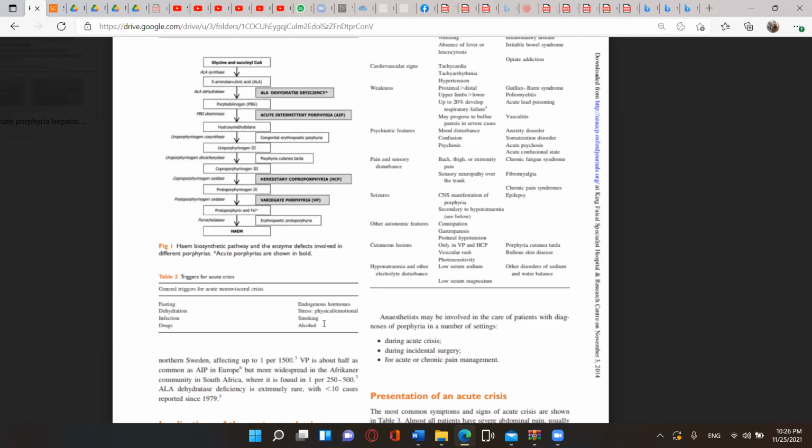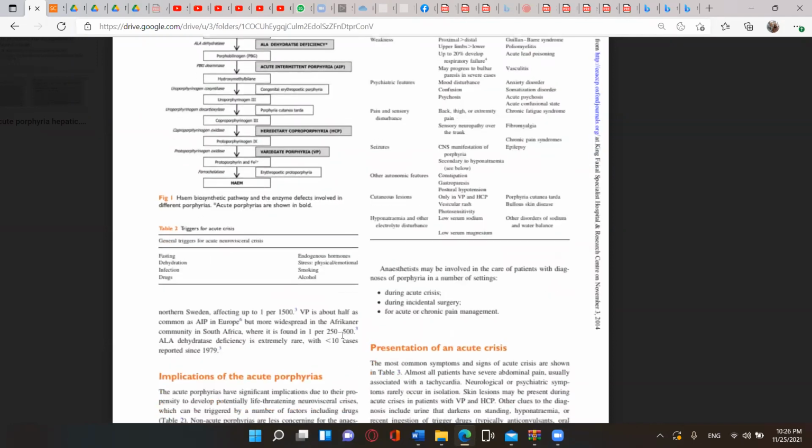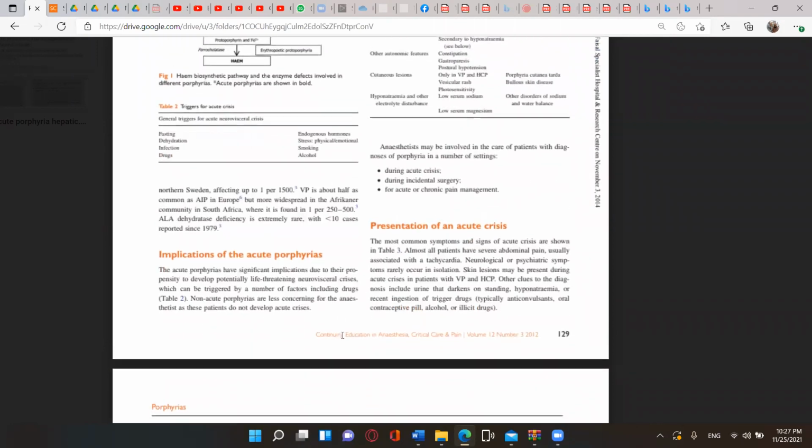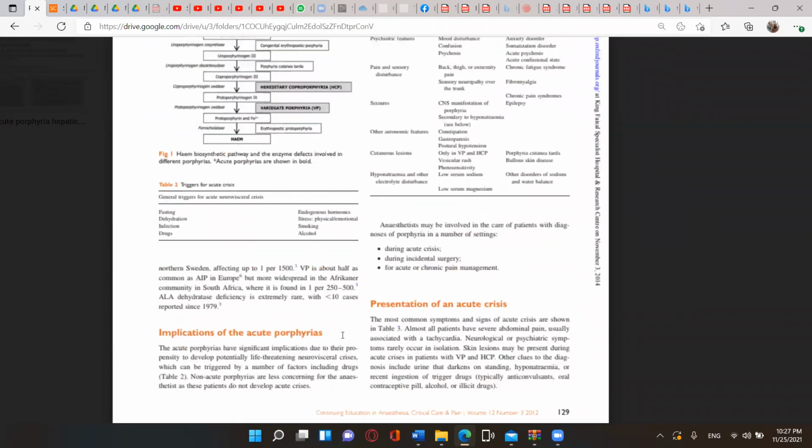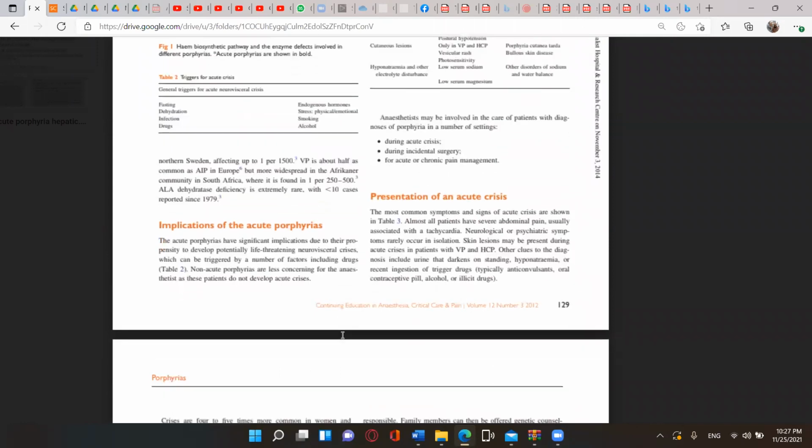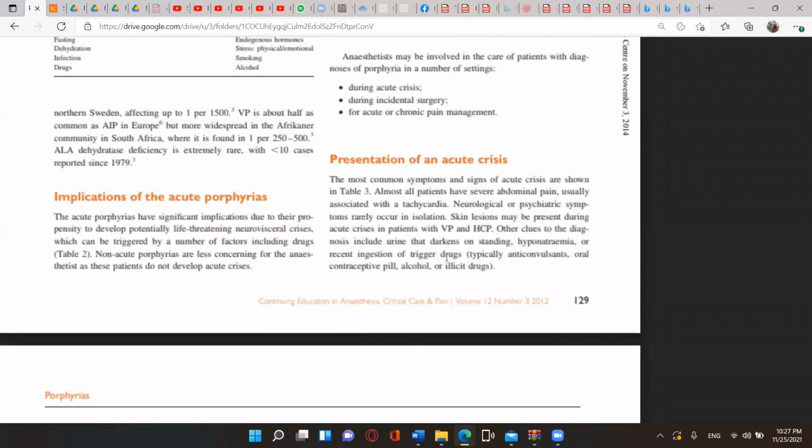Okay, endogenous hormones, stress, smoking, alcohol can precipitate it. Okay, so the common presentation that I've told you: any signs of stress, abdominal pain, and neurological signs. You don't need too much. Whenever there is some hemolysis, there can be some darkening of the urine.